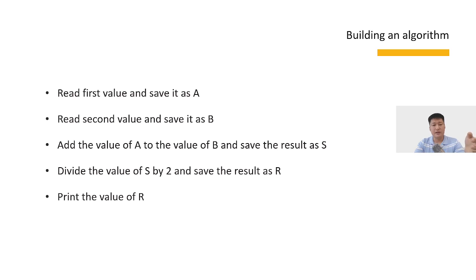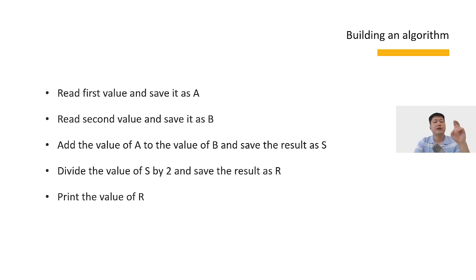So let's see. First, we read the first value from the keyboard and save it to, let's say, variable A. Then we read the second value and save it to variable B. The next instruction, we add the value of A and the value of B, and for example, save it to the variable S. S is for sum.